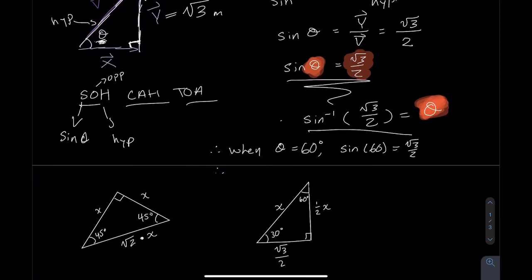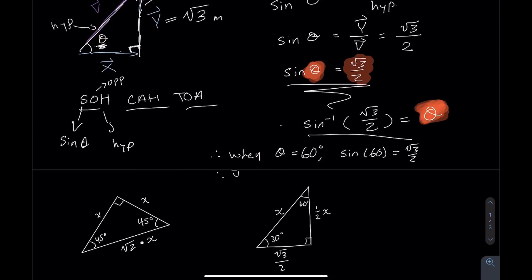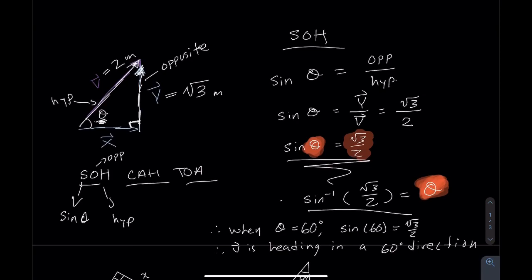Therefore, we can say vector v is heading in a 60 degrees direction. That's kind of the answer, though. So that's how we'd approach a problem like this.